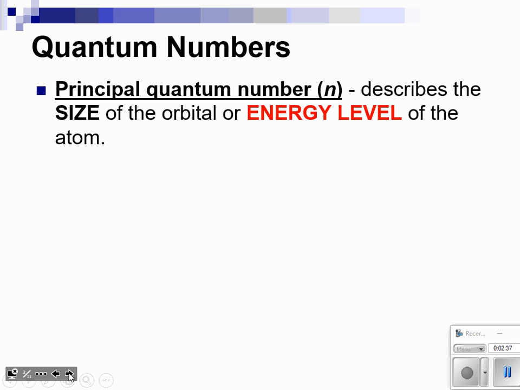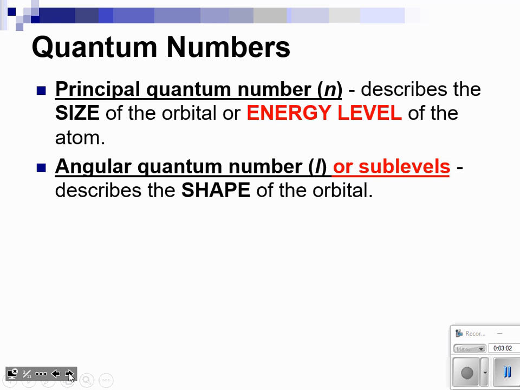That is the principal quantum number. It's signified by the lowercase letter n. So hydrogen would be on the first principal energy level, so hydrogen would have an n of 1. So would helium.